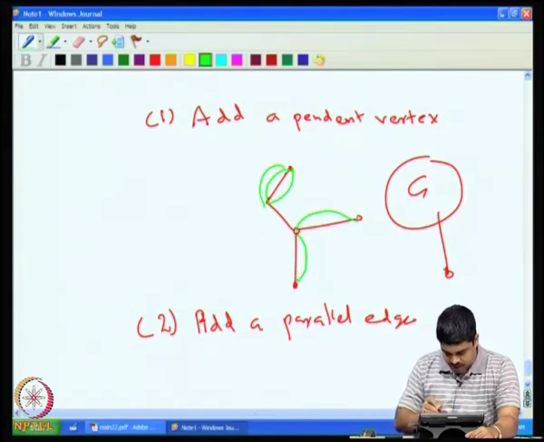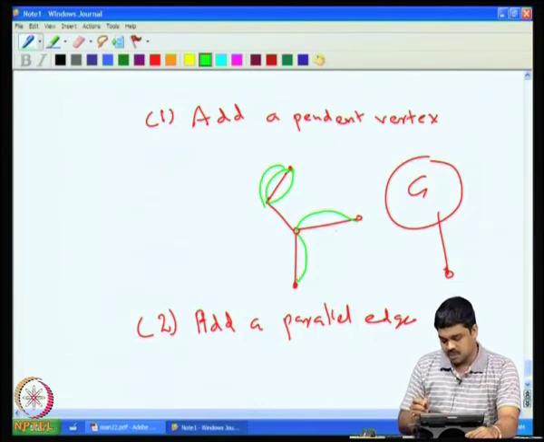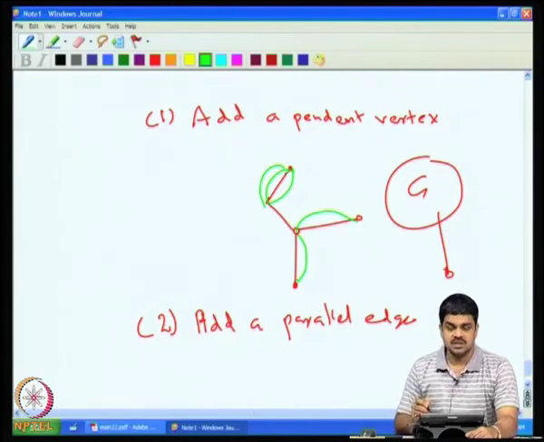These are the parallel edges. So, if there is an already existing edge, you can add an edge parallel to it. Of course, one can see that this defines a multigraph, not necessarily a simple graph, sometimes it can be a multigraph. So, parallel edge addition is allowed.